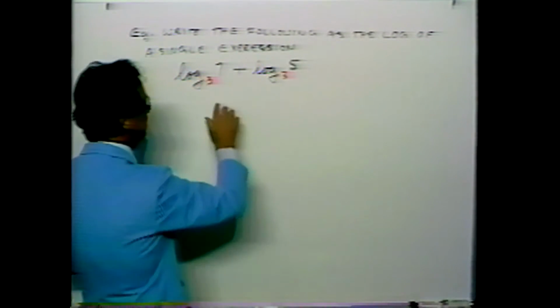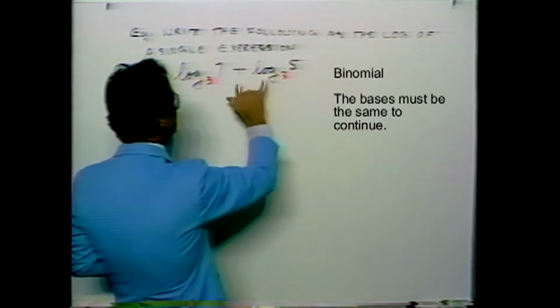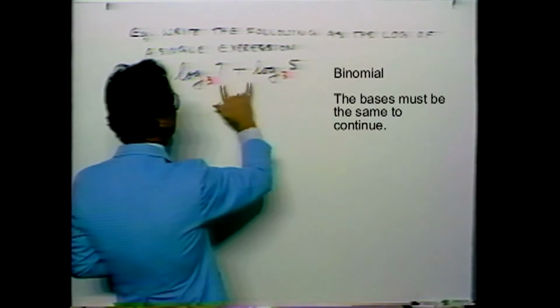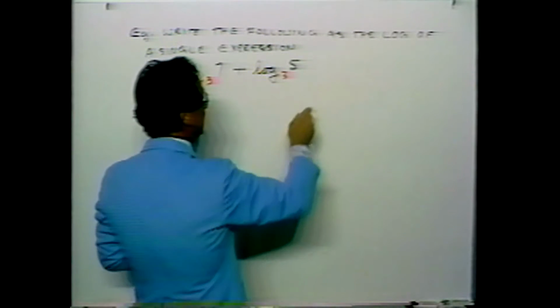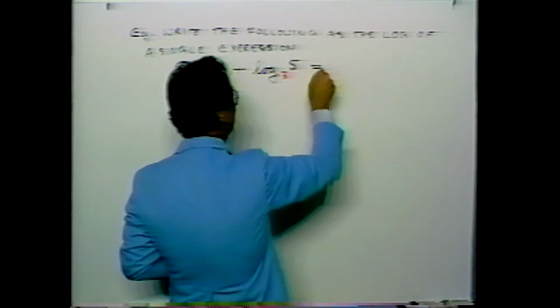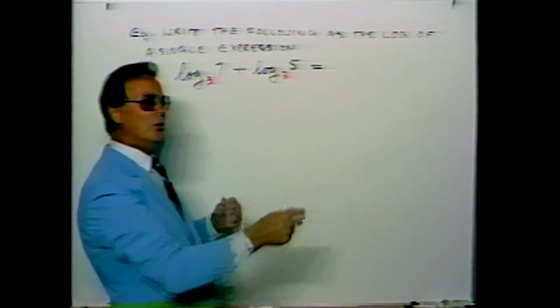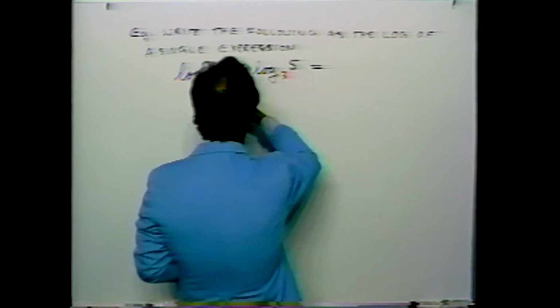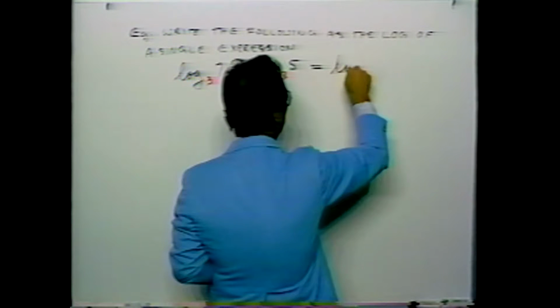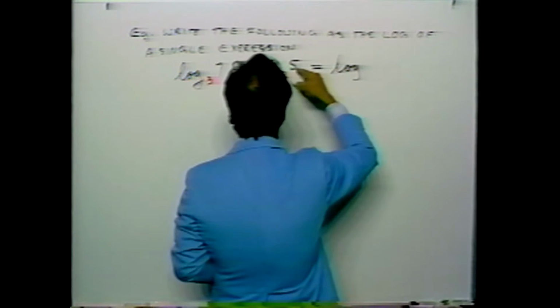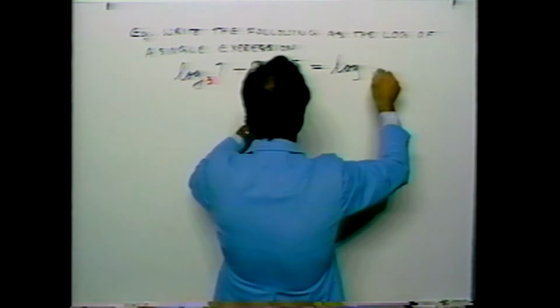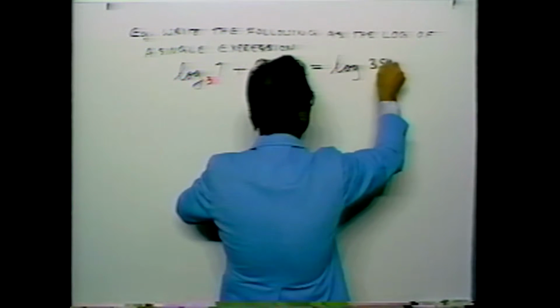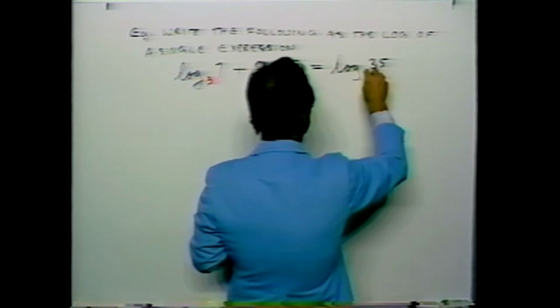We first have to make sure that the bases are the same before we can continue, and they are. And the law of multiplication in the opposite order to what it was given, we can say then that this is equal to the log of 5 times 7. 5 times 7 is 35, and the base is 3.